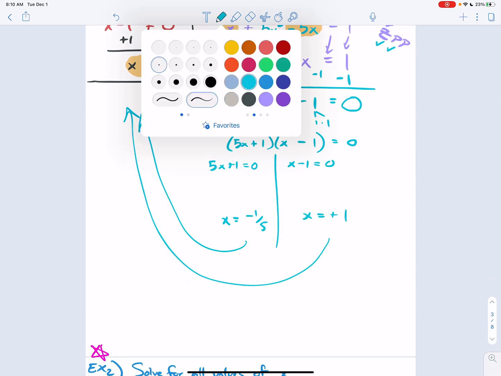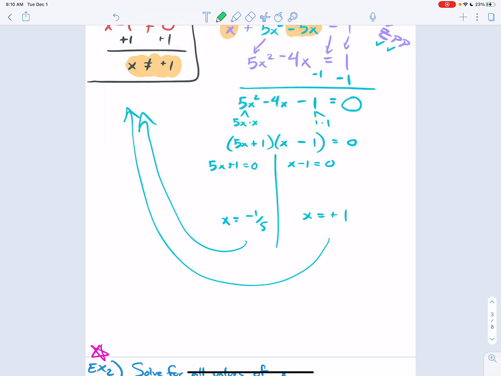Now, you would call this, just for the sake of understanding, if you have an answer that does not work, this is an extraneous solution because it's an extra answer that does not work. Okay? So here, I only have one good solution that works. All right? So I only box one of them.